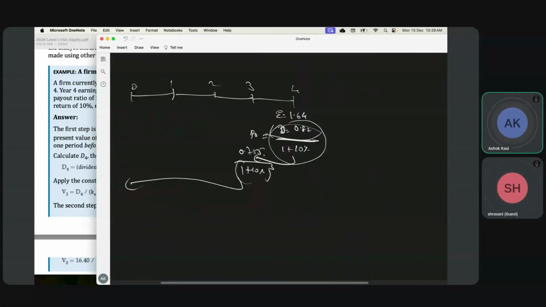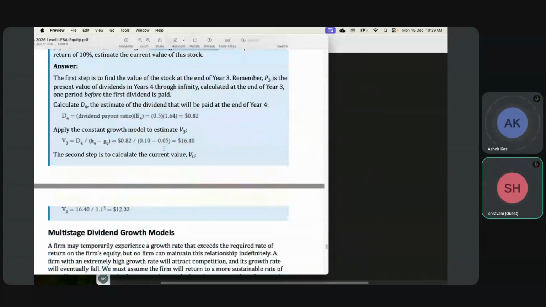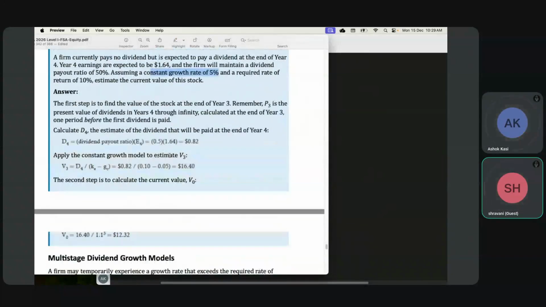There is no other cash flow in between. 0.559.